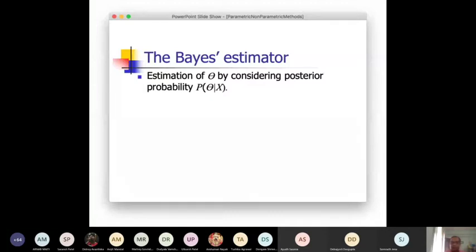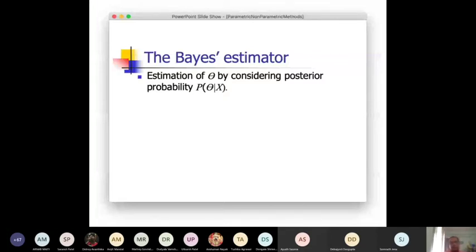Now, this task can also be done under the Bayesian framework itself, where you take care of the posterior probability of a parameter given the data. You see that, as opposed to likelihood, here we are directly computing the posterior given the data.